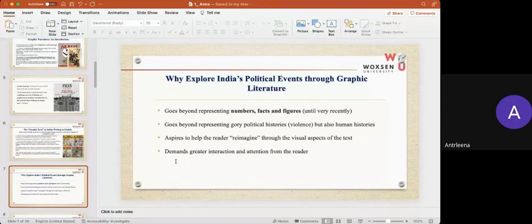It demands greater interaction and attention from the reader. You'll be reading the images as well as the words, so you're reading in combination, and you have to focus a lot when you want to interpret this text.